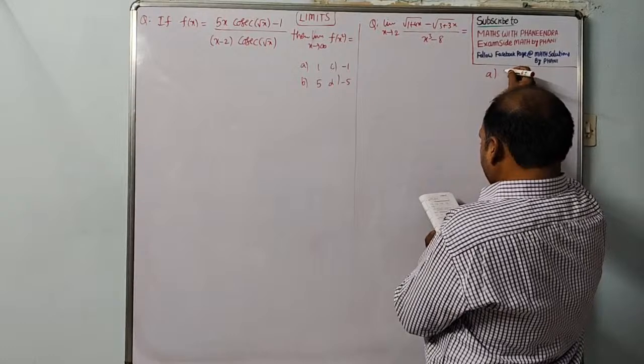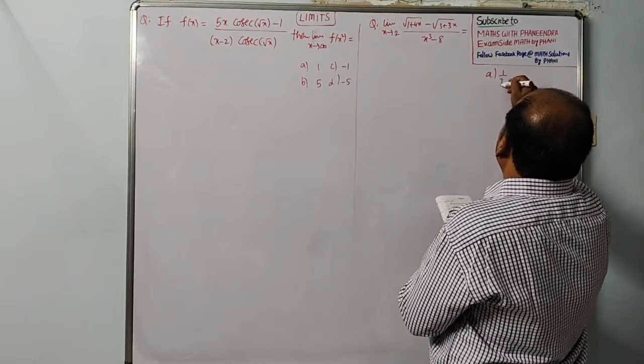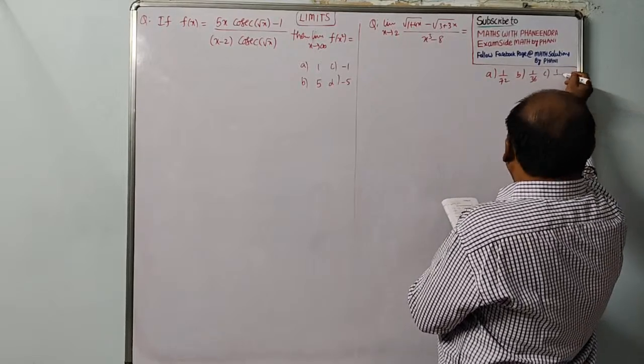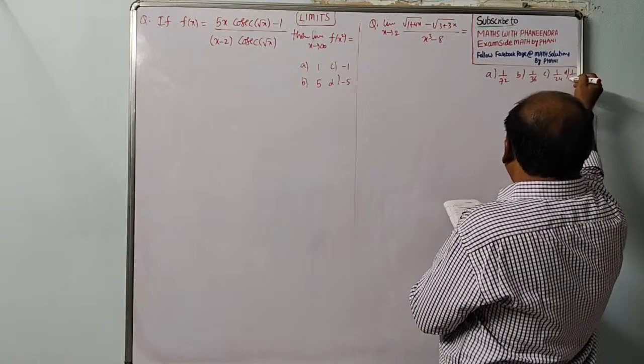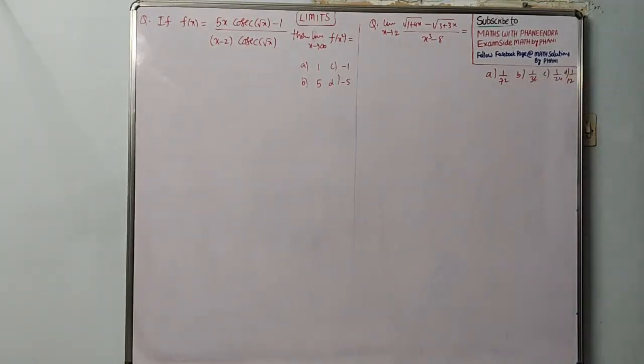So first option 1 by 72, 1 by 36, 1 by 24, 1 by 12. These are the 4 options they gave, dear students. We go with whatever we want.